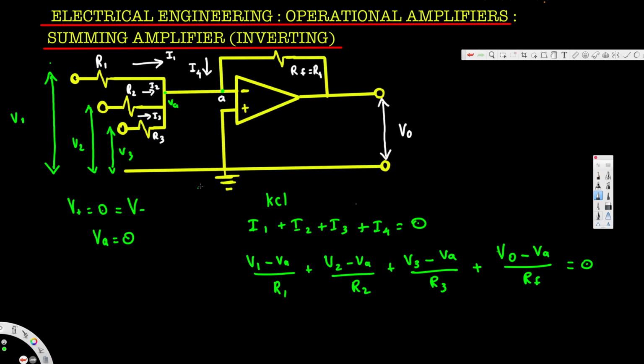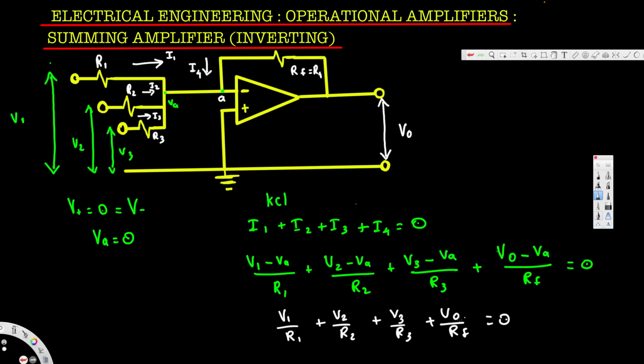Now we know that VA is equal to 0, as we found before, because the voltage at the positive terminal is 0, therefore the voltage at the negative terminal is also 0, and so VA is also 0. So we can write this equation in a simpler way: V1 over R1 plus V2 over R2 plus V3 over R3 plus VO over RF is equal to 0.